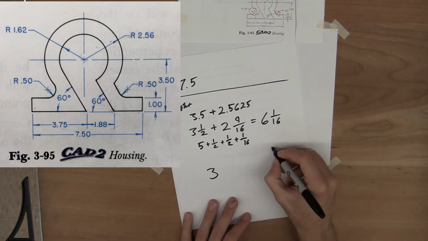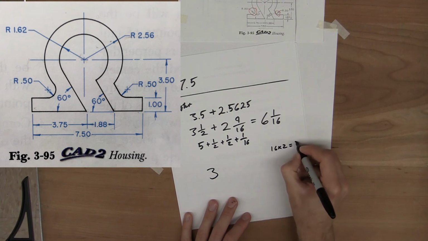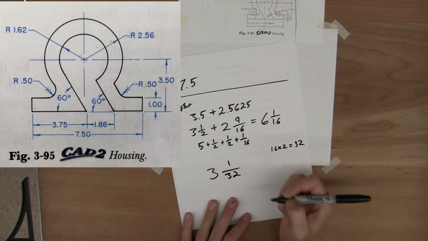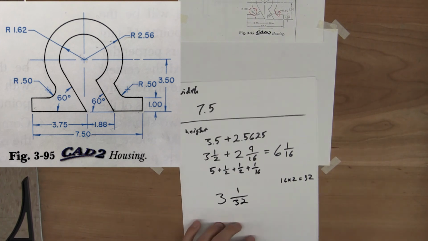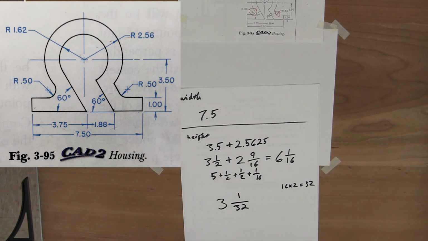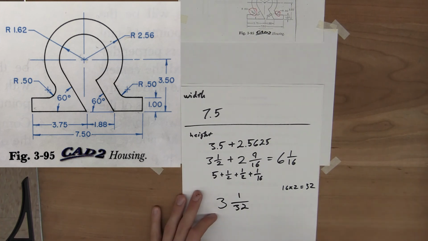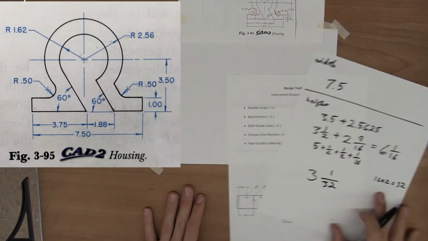So 16 times 2 equals 32. 3 and 1/32. So from the center of the drawing space, which we know how to find, you can measure up 3 and 1/32, and that's going to be the top. You can also measure down 3 and 1/32, and that's going to be the bottom. Once we have that bottom baseline, we can find the center of those arcs, no problem. So that's what we're going to do.